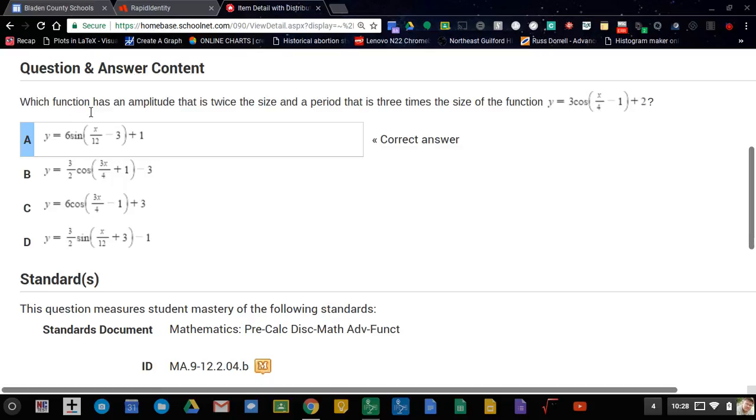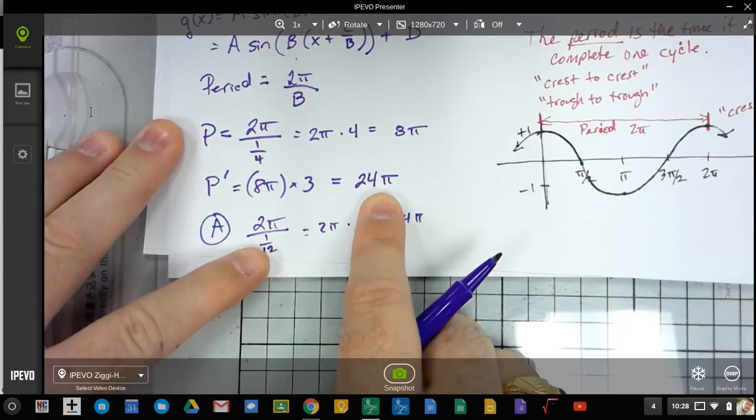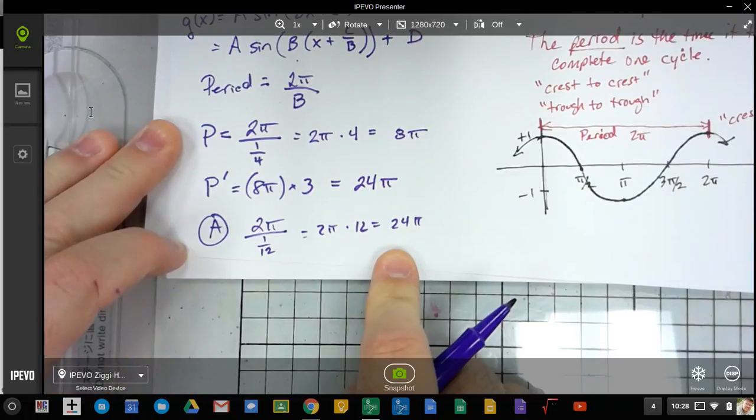So if I do 2 pi divided by 1 over 12, I get 2 pi times 12, which is 24 pi. Okay? Since 24 pi is exactly the period I'm looking for, then A is the correct answer. Okay?